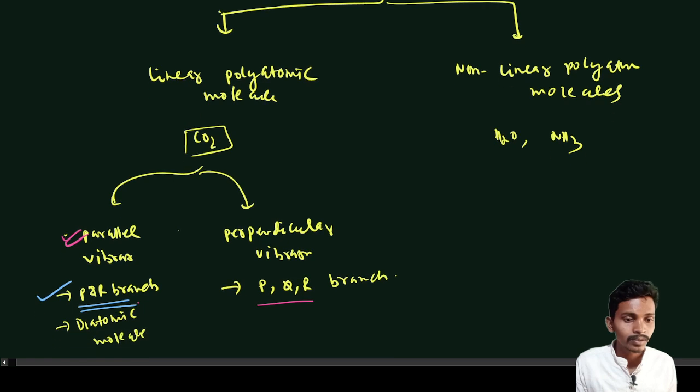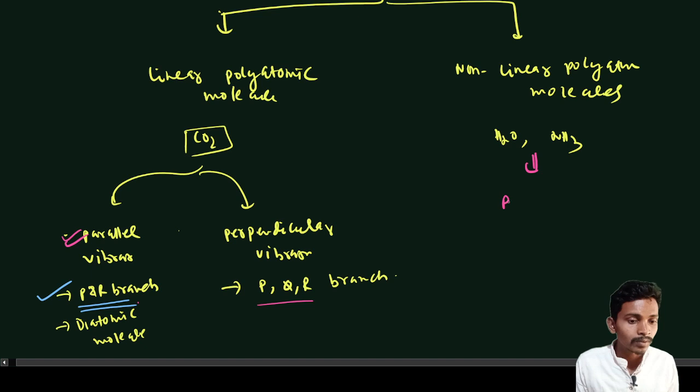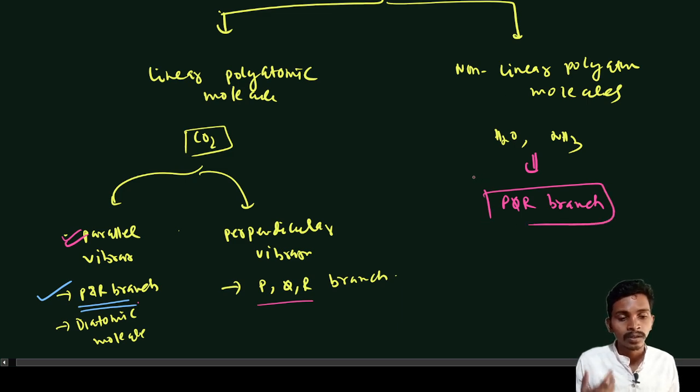And whenever you discuss non-linear polyatomic molecules, here both parallel and perpendicular vibrations are possible, and here we always get the PQR branch, because for non-linear polyatomic molecules both parallel and perpendicular vibrations are there.